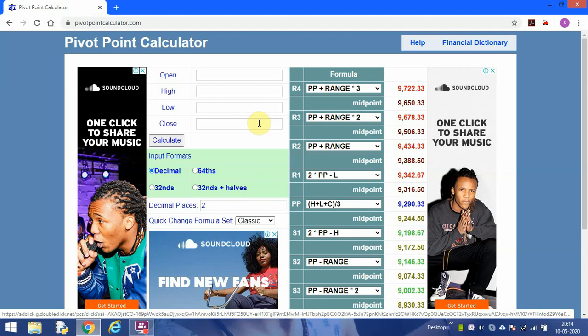This open, high, low, close, you have to put from the previous day's daily candle. Don't take hourly, take the open, high, low, close of the previous day candle.